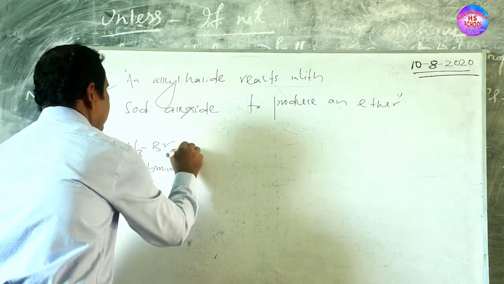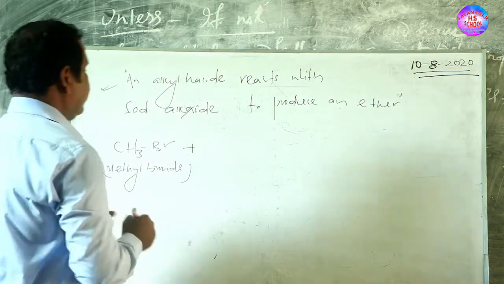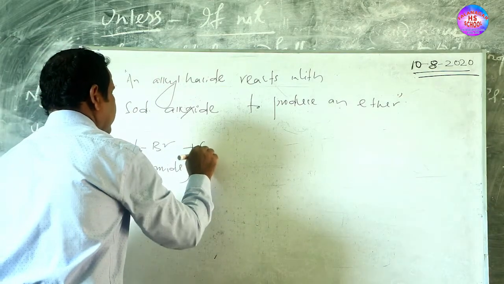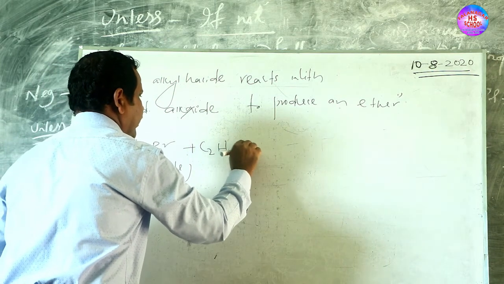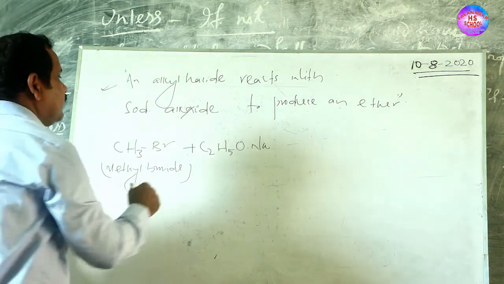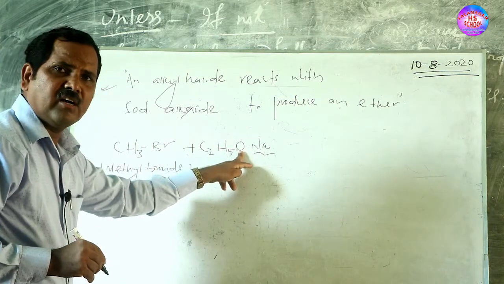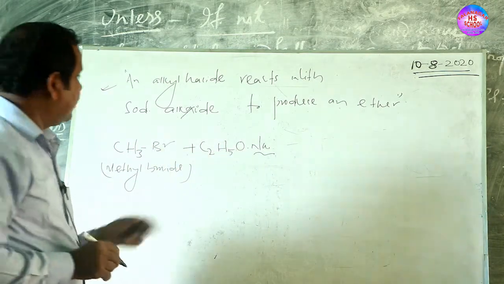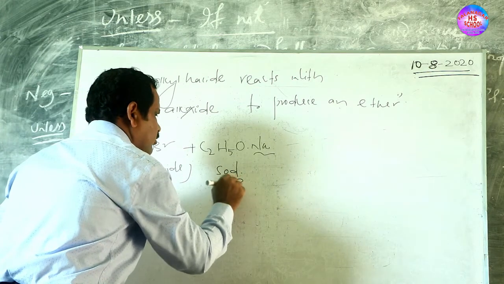It reacts with R dash ONa. Suppose it is the ethyl group, C2H5ONa. Sodium metal, ethyl group and oxygen, called ethoxide. It is called sodium ethoxide.